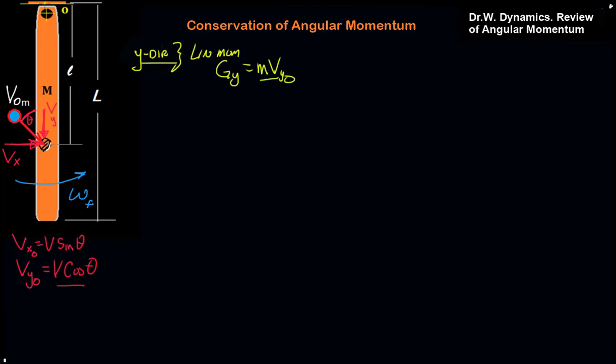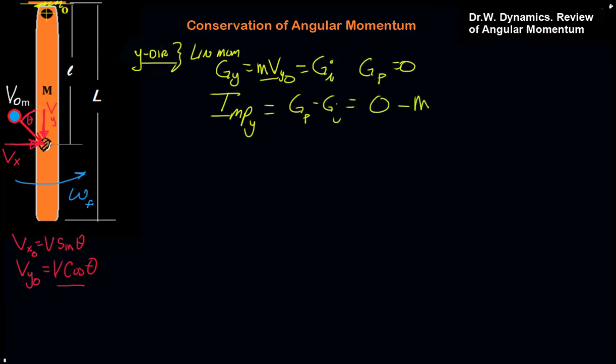And since the bar is pinned at the top at O, it can't move, and G final would be 0, so there's going to be an impulse in the y of G final minus G initial, which would be 0 minus mv0 cosine of theta, and that would be the impulse.